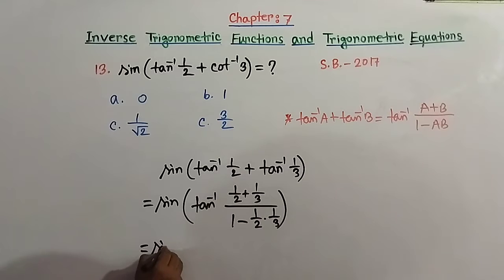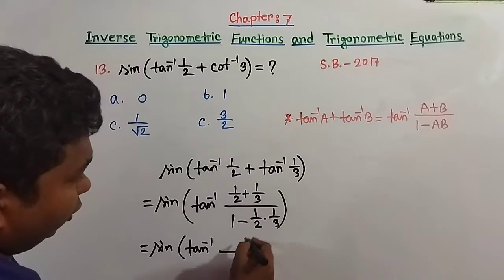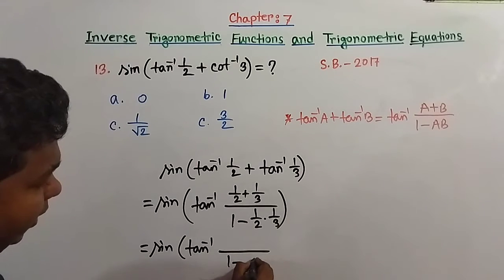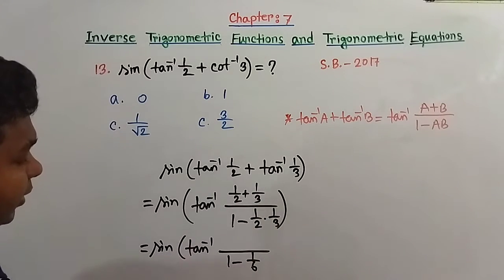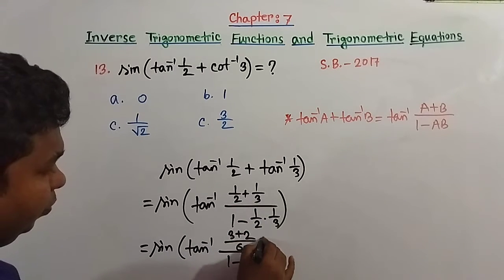Now sin tan inverse, by simple calculation we will get 1 minus 1 by 6, and taking LCM as 6 we will get 3 plus 2.